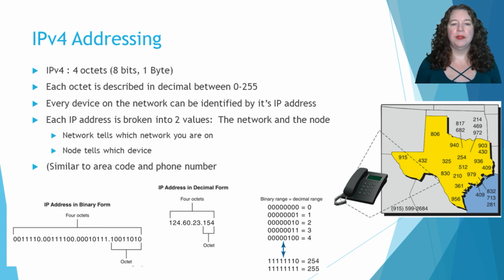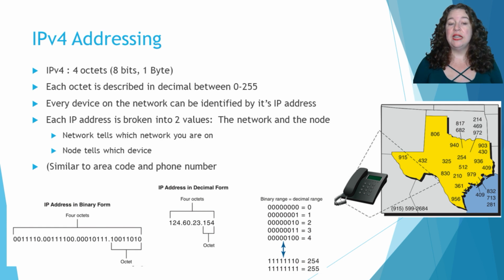So starting with that, the examples that we've shown you here at the bottom are your IP address both in binary form and in decimal form. It's kind of hard for some people who aren't comfortable with base 2 to be able to see the difference between a binary and a decimal. Obviously, binary is base 2, decimal is base 10.